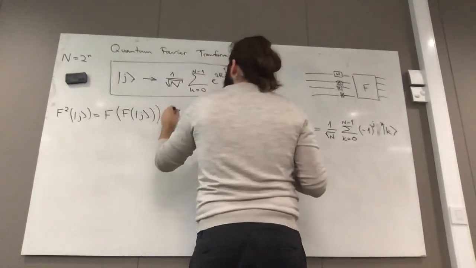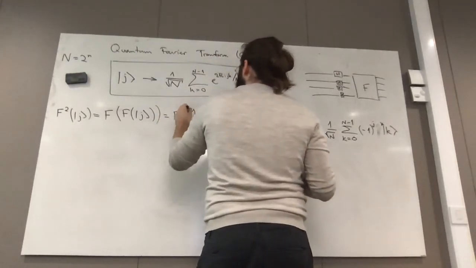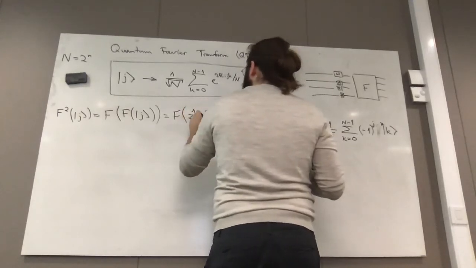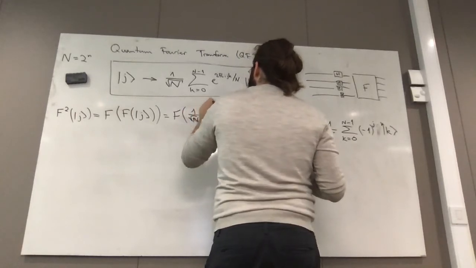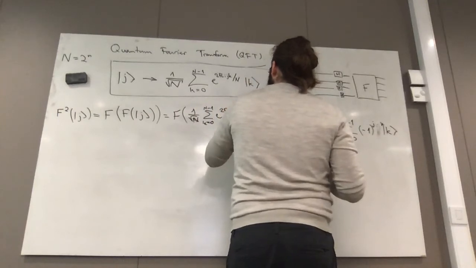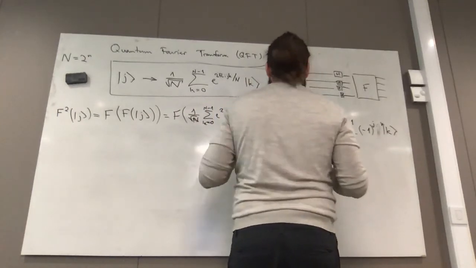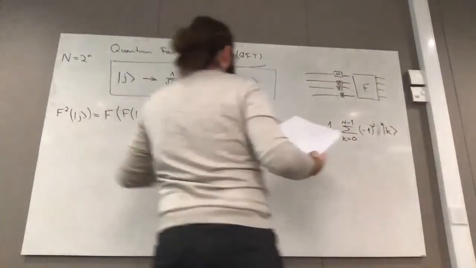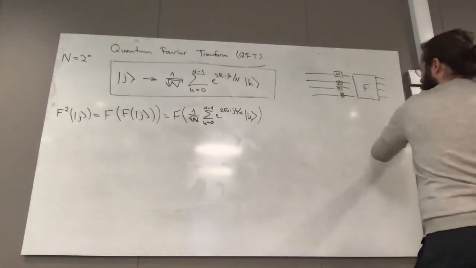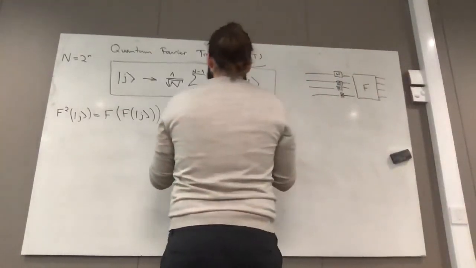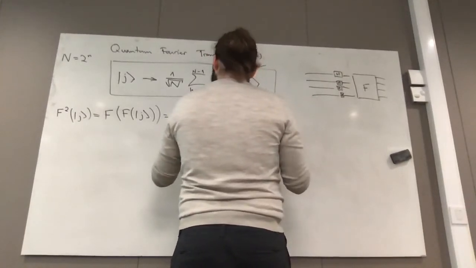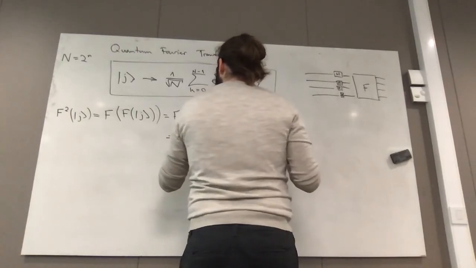Just inserting the formula, we get the sum over k equals 0 to n minus 1 of e to the 2 pi i j k over n times k.